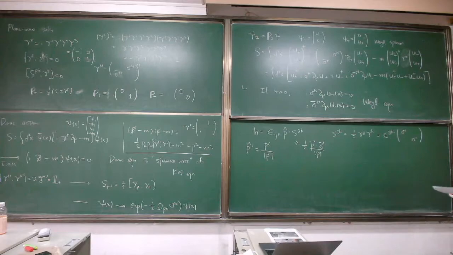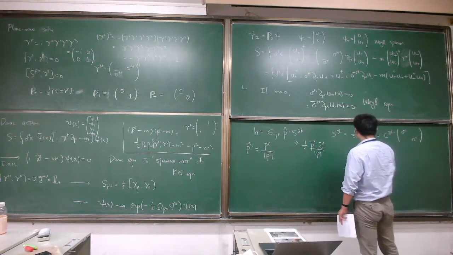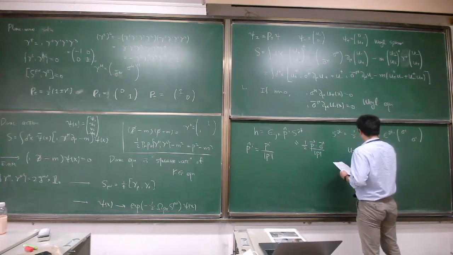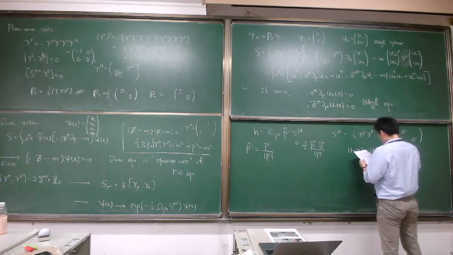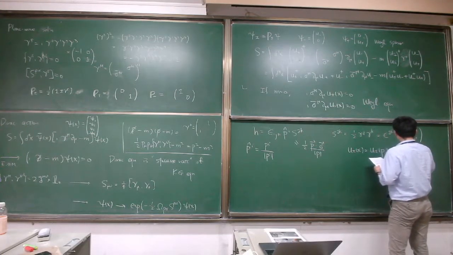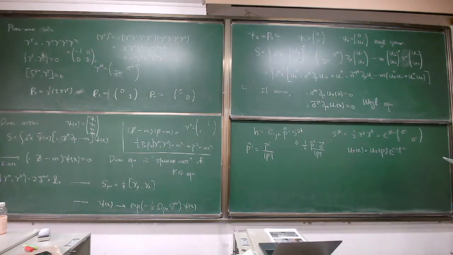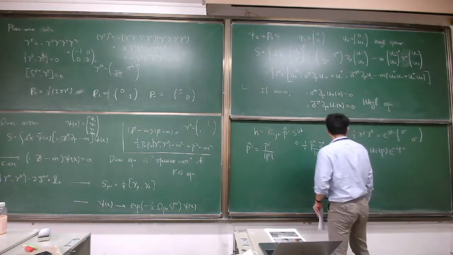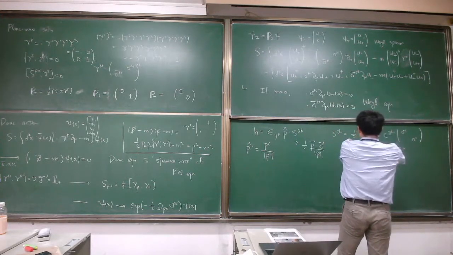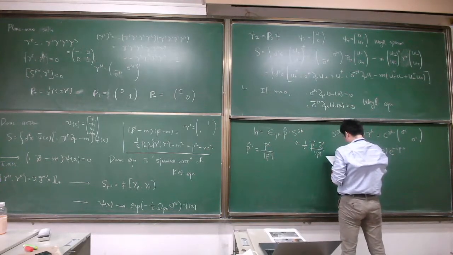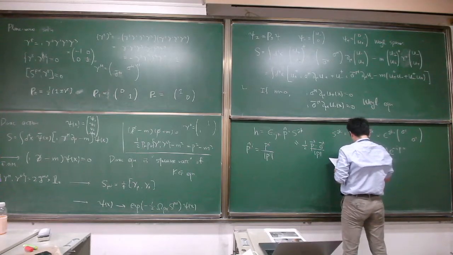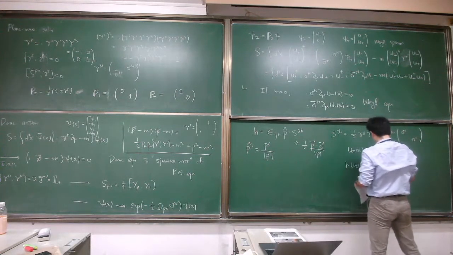And then if you assume the plane wave solution, as I mentioned, the plane wave is psi plus minus of x equal to u plus minus of p times e to the minus i p dot x. You plug that into here, and you can easily see that the helicity operator acting on u plus minus of p gives plus or minus 1/2 times u plus minus.